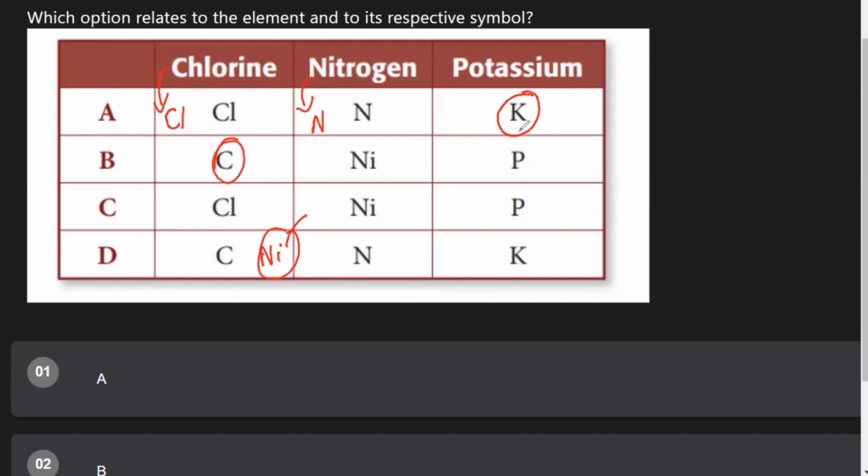So potassium has a symbol K and not P. P is in fact phosphorus and not potassium. So the correct combination is given by the answer A, chlorine, nitrogen, and potassium. So the answer is answer 1A. With this, we have come to the end of the discussion of this topic. Thank you for listening.